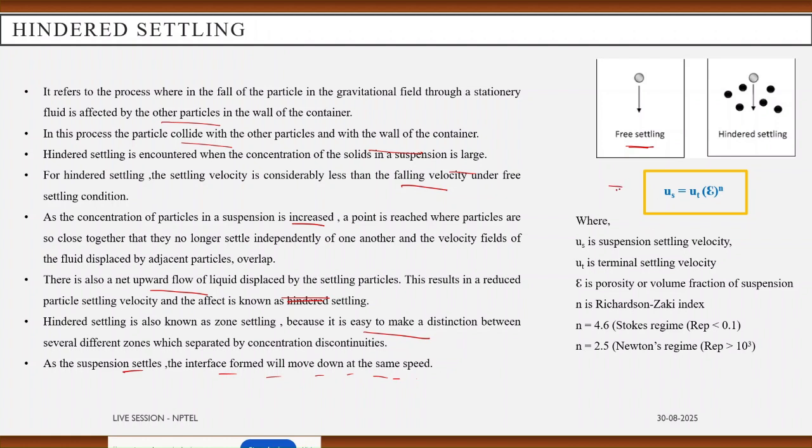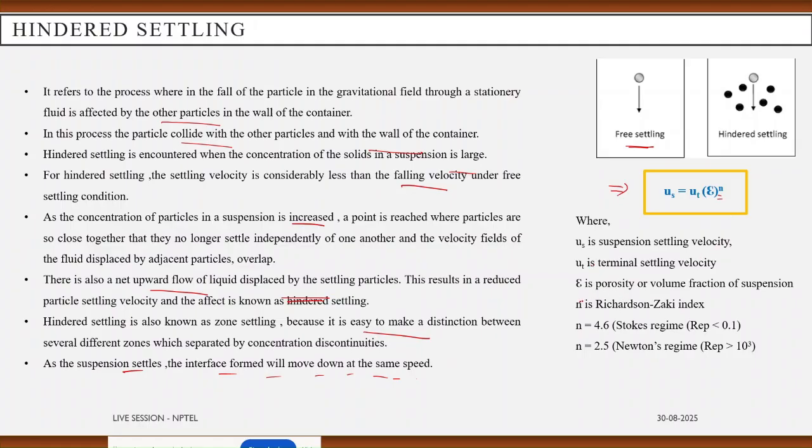So this is the well-known equation for calculating the hindered settling velocity. Us is the suspension settling velocity, which is related to the terminal settling velocity, and also related to the porosity of the suspension, also known as the volume fraction of the liquid, where n is the Richardson-Zaki index.